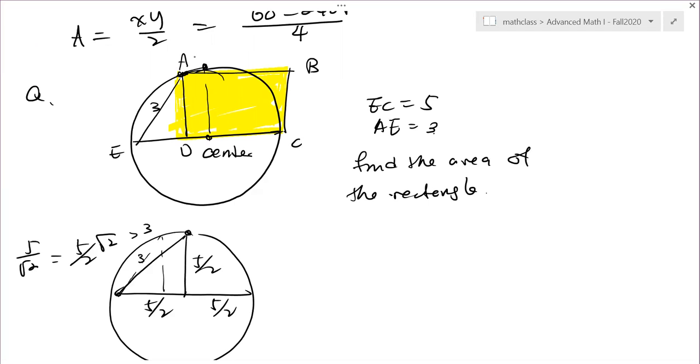In order to find the area of the rectangle, what do you need? I think you need to find the y, you need to find the x, right? Then x times y is the area of the rectangle.